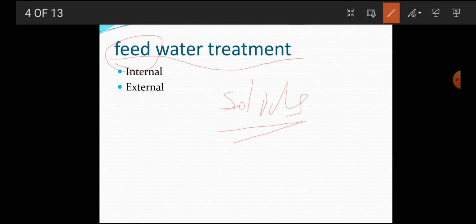It is our duty to make sure that the water which we are feeding is free from solids and non-corrosive to the metal of the boiler. The feed water quality is continuously monitored for buildup of TDS. So we need to install a TDS meter, which can help us in measuring the quality of water and hardness.